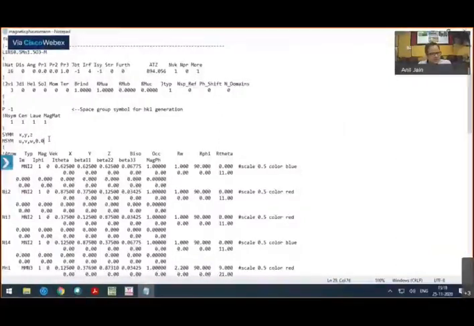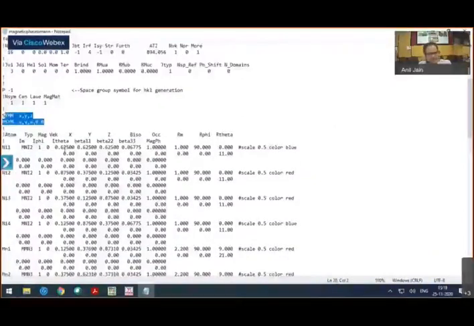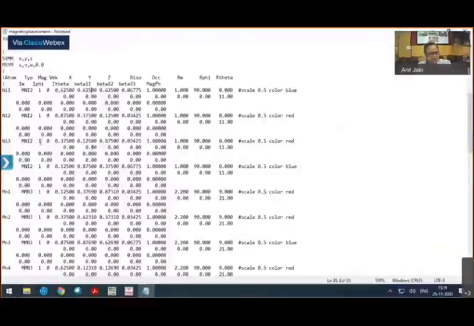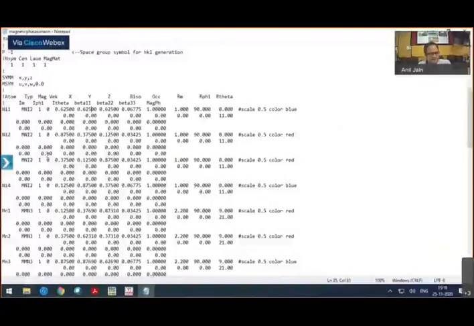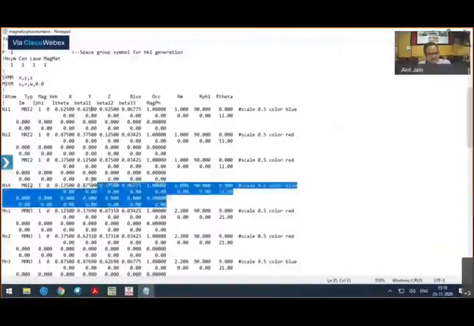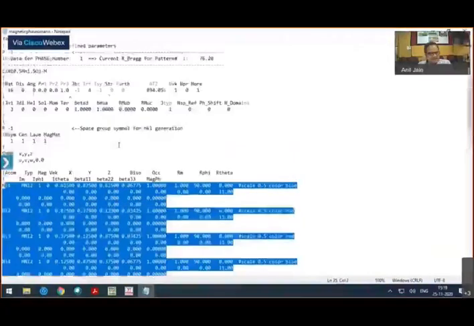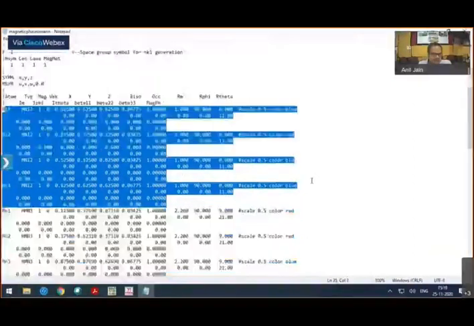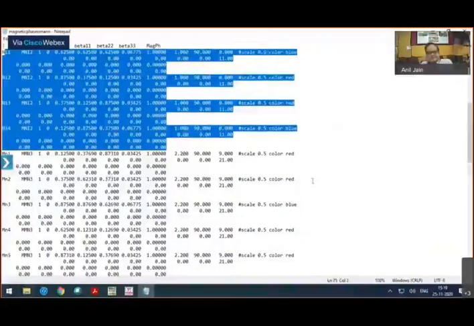And now I do not have any restriction from the symmetry point of view. But now I have to put all the positions of these atoms. Like in this case, we have 4 nickel atoms in this space group and 12 manganese atoms.